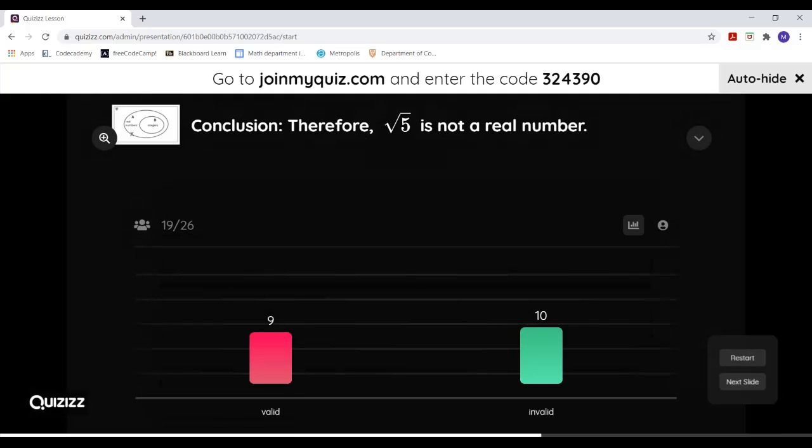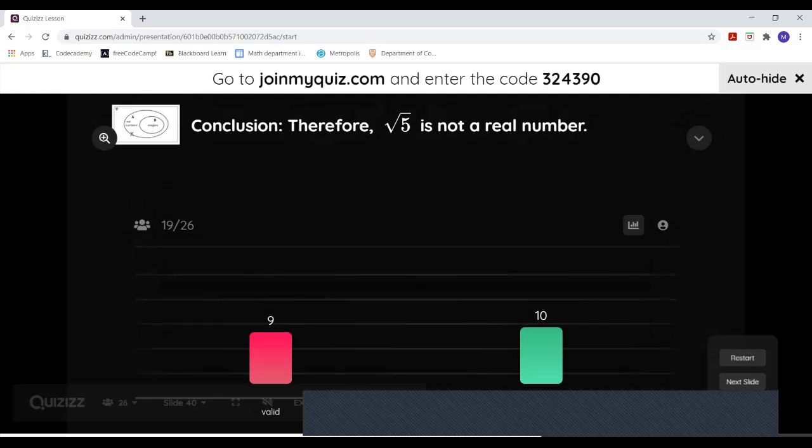It is not valid. So this X could absolutely go inside the real number circle, or it could go outside the real number circle. We don't know. So we cannot conclude that root 5 is not a real number. And if we look at everything so far, everything was a true statement until our conclusion, right? We started with true premises. If it's an integer, then it's a real number.